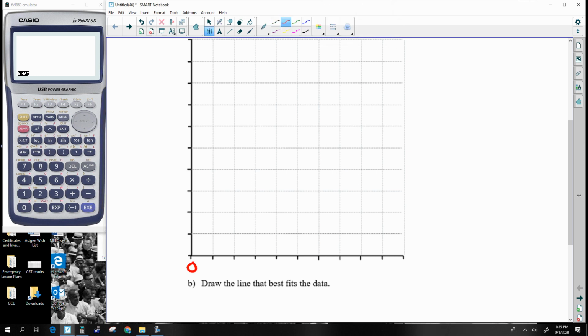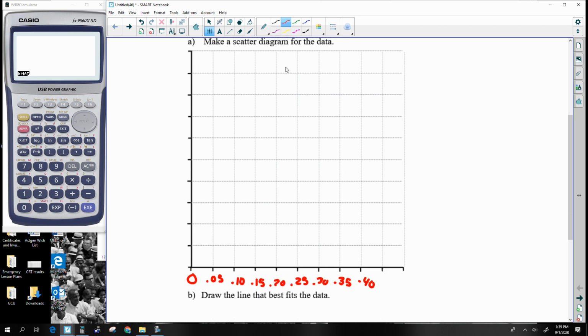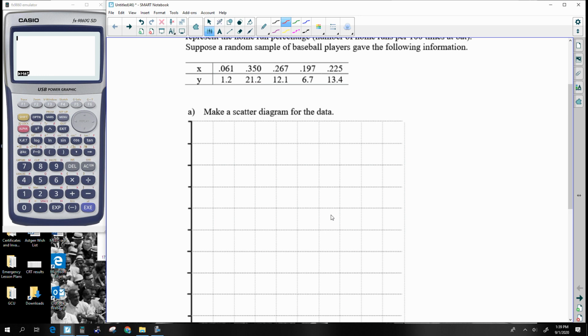And then go to 0.35: 0.05, 0.10, 0.15, 0.20, 0.25, 0.30, 0.35, and that's big enough right there. So I come out with a scale on the bottom. It gets to 0.35, right there.